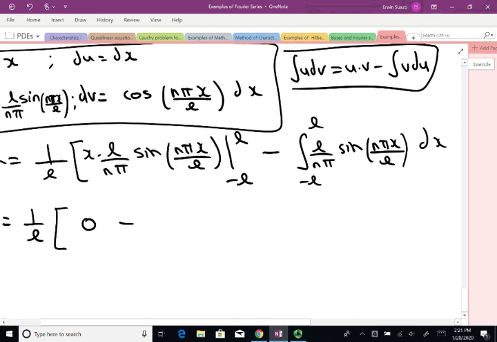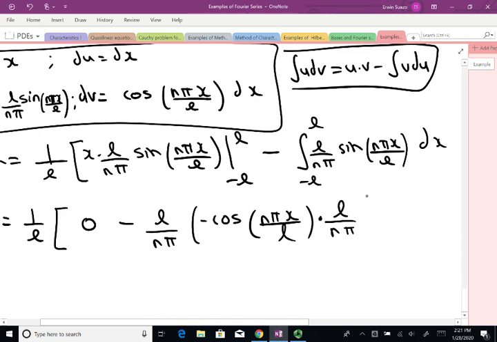right? Minus, I take this out, L over n pi, and the antiderivative of sine is minus cosine n pi x over L, and the derivative of this has to give me sine, so my derivative of cosine is minus sine, minus and minus sine n pi x over L, so I need to divide by L over n pi, right?